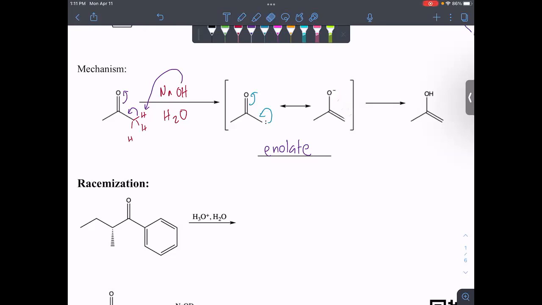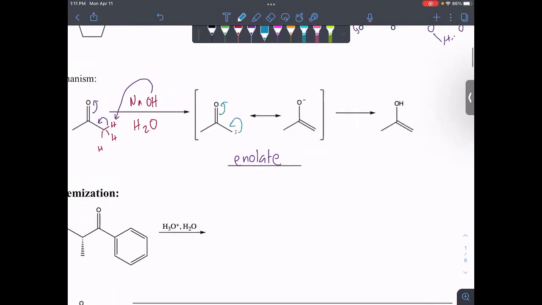But if you want to protonate it and get a full enol, you take your conjugate acid, in this case just water, and then you attack it with the alkoxide ion, and you get your protonated enol form.